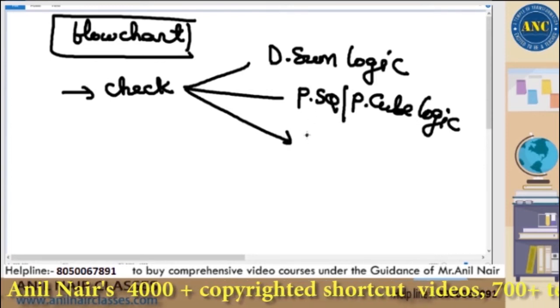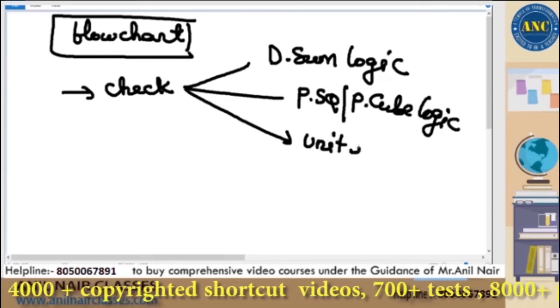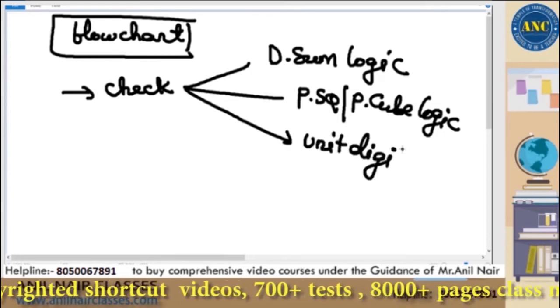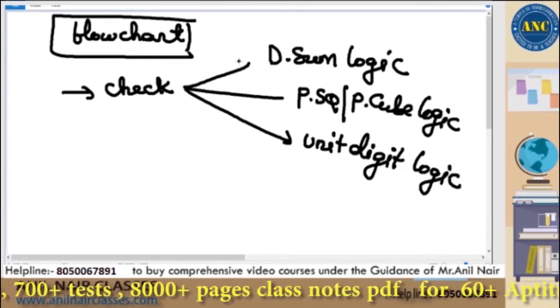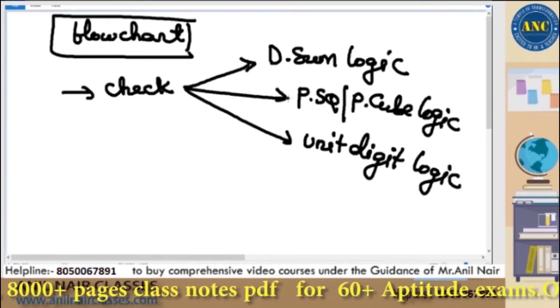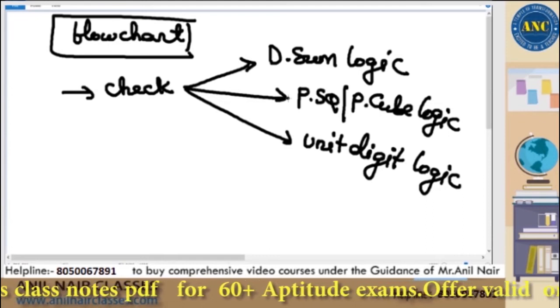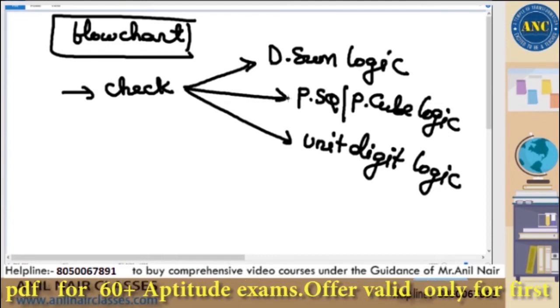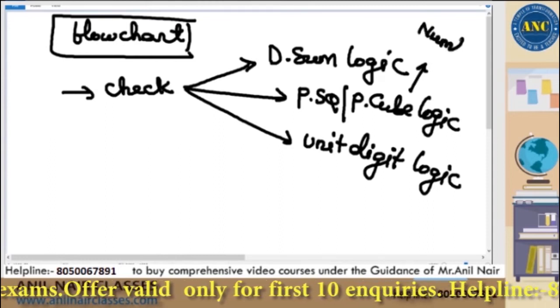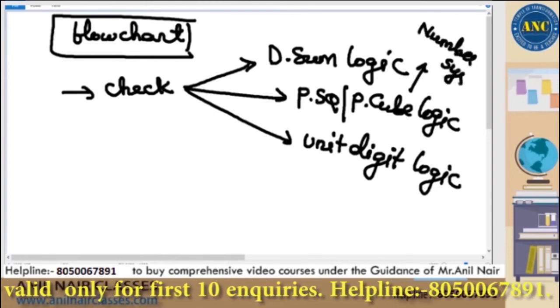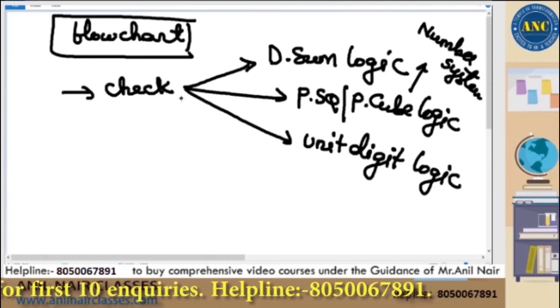Please write down. You will use unit digit logic. These are all the tools. Depending upon the question, you will use any of these tools. Some tools will be the best for some problems. Digital sum logic, perfect square or perfect cube, or number system logic. Or you will use unit digit logic.